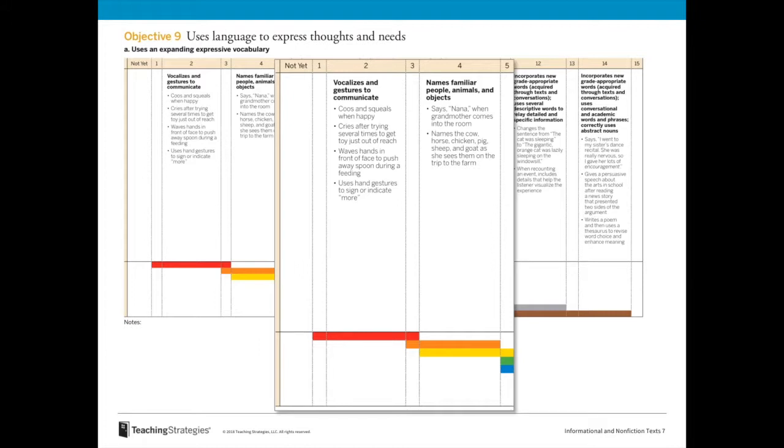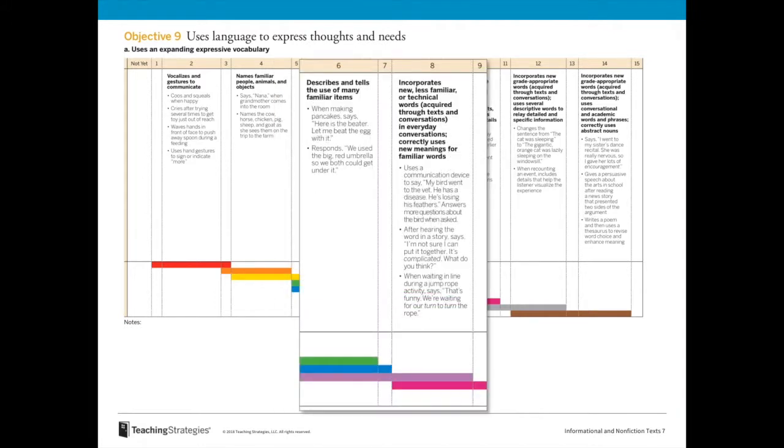And then as they get a little older, they're able to name familiar people, animals, and objects. And as they grow into the preschool years, they're getting a little more fluid with their ability to express themselves. By the time they're in preschool, 3s and 4s, they're able to describe and tell the uses of many familiar items.